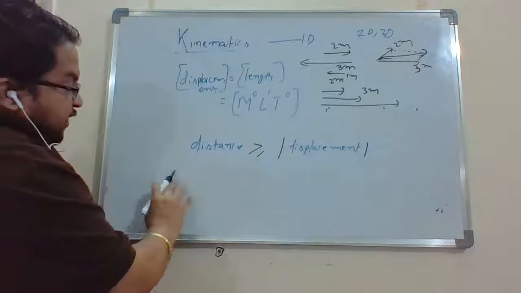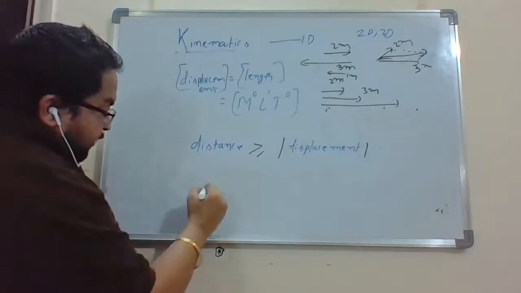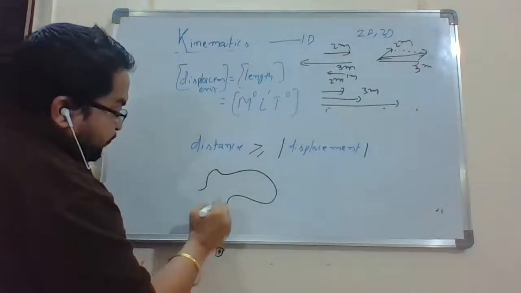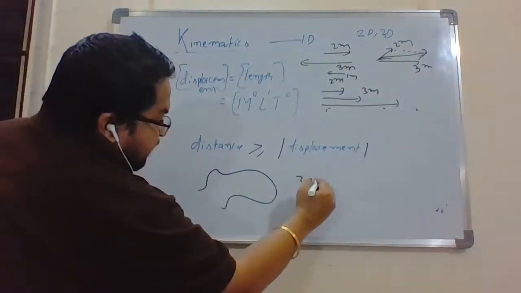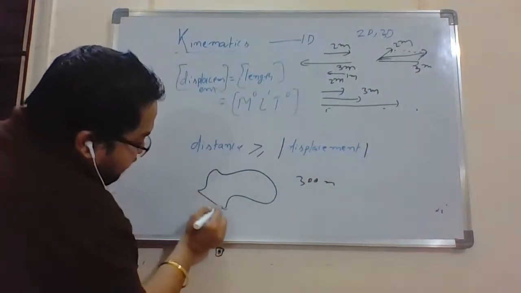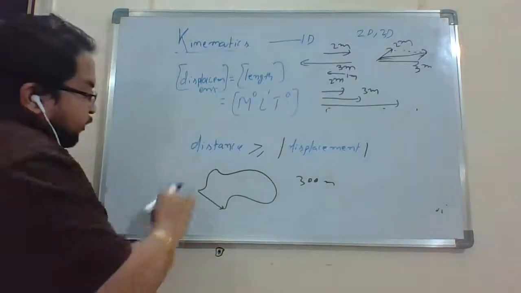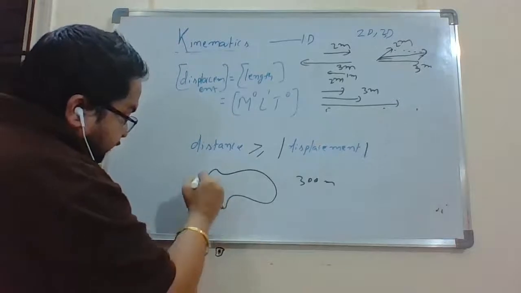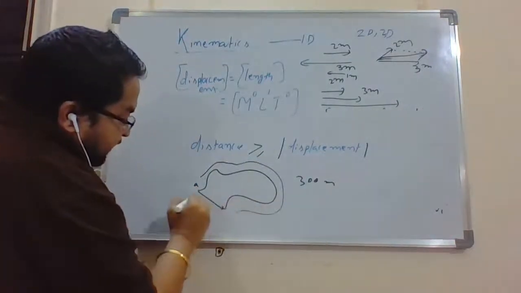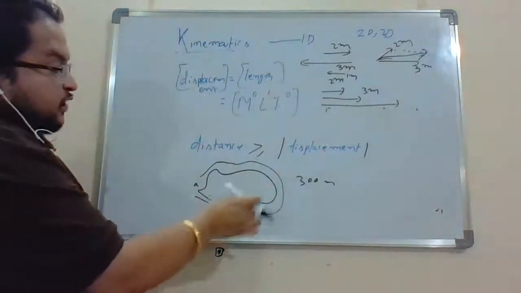You can understand this very easily. Suppose this was the loop. Distance would probably be something like 300 meter, but displacement would be just this much. In this case, the distance is this entire length and displacement is just this much, the magnitude of displacement.